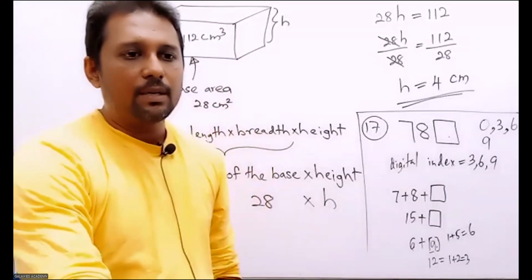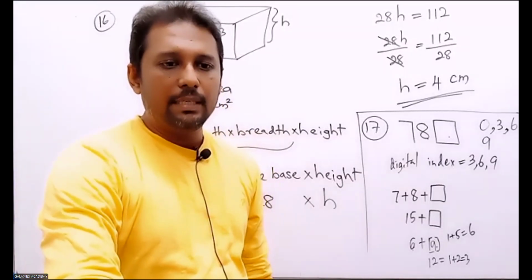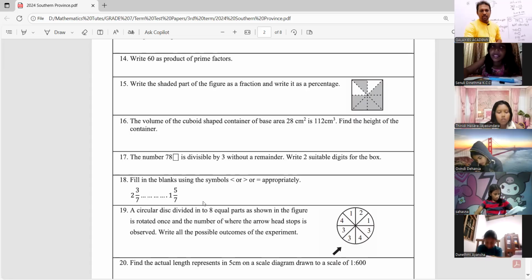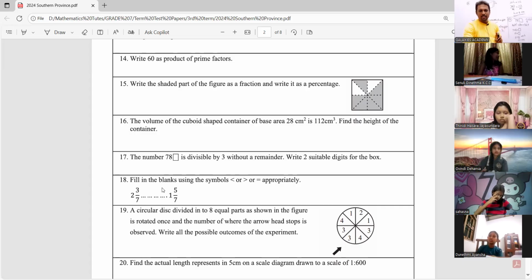Right. Now we can go to the next one, number 18. Look at the 18th question. Fill the blanks using the symbol less than, greater than, or equal appropriately. Right. Can you tell me which type of fractions are given here? Which name can we give for these fractions? Mixed numbers, not mixed fractions, okay?